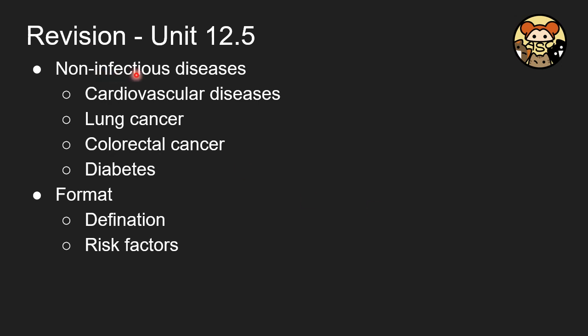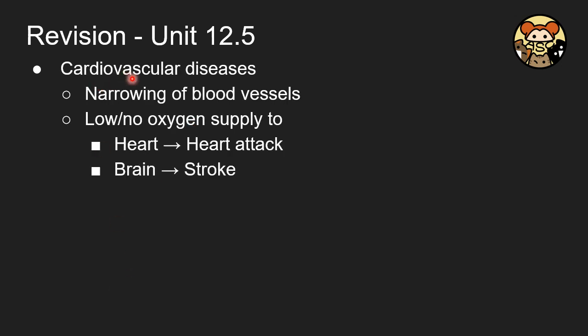As for non-infectious disease, we will know 4 of them, that is cardiovascular disease, lung cancer, colorectal cancer, and diabetes. For the format, it will be definition and also the risk factors, because usually there will be a number of factors causing the particular disease, so we call them risk factors. Cardiovascular disease is the narrowing of blood vessels, which means that low or no oxygen will be supplied to the heart or brain.